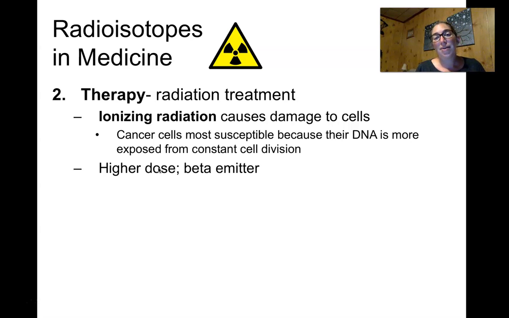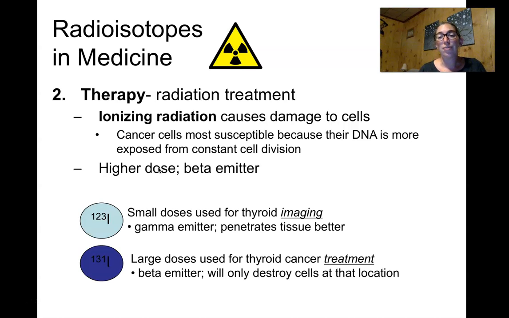Another use of radioisotopes in medicine is actually on purpose to damage you. We can use it as therapy, particularly for cancer, for treating tumors. And so in this case, we want to use a higher dose because we actually want to cause harm and cause ionizing radiation to the cells.